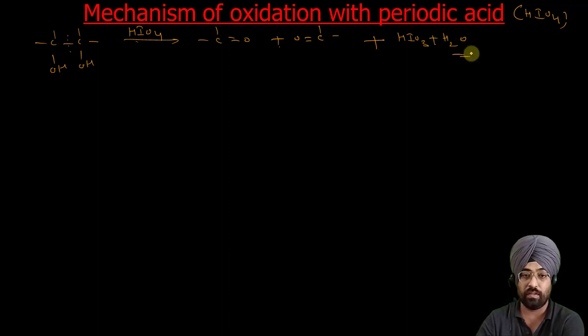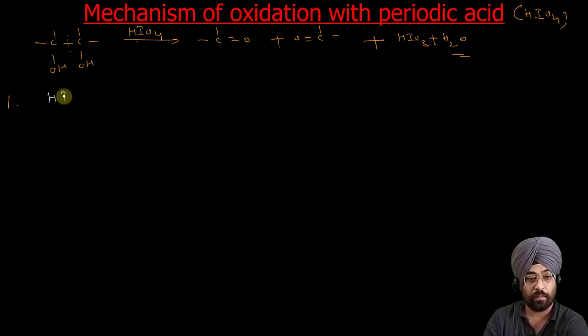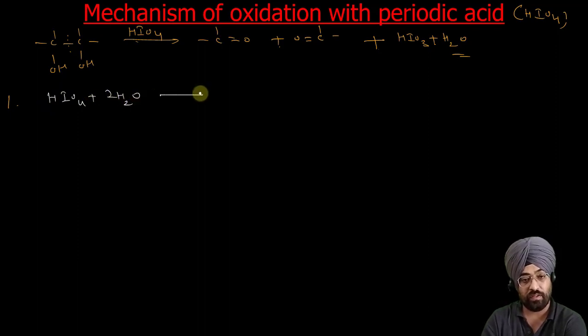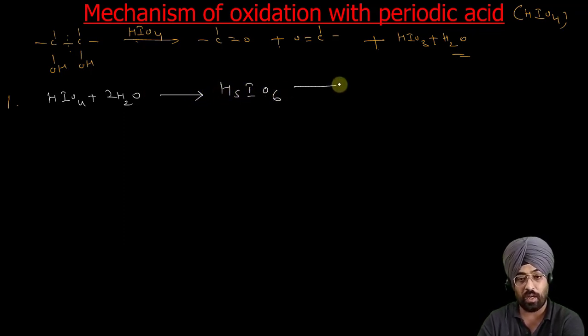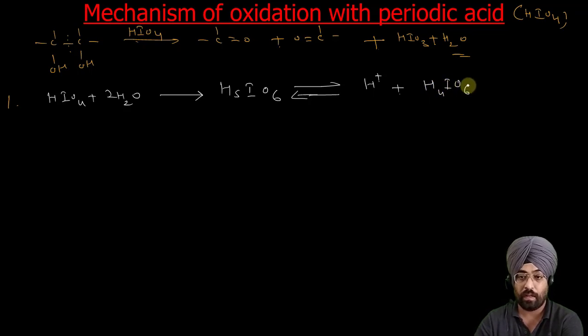So we have to do its mechanism first. The first step of the mechanism is that HIO4 reacts with water, so it combines with the water and you get H5IO6. Now this is ionized to H positive plus H4IO6 negative.